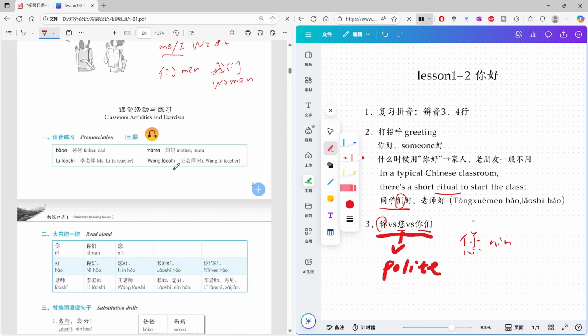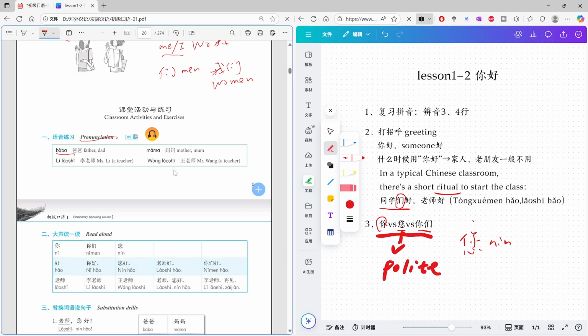那接下来我们继续练习一下 some words, some 语音 pronunciations. 爸爸 and mama, father and mother, please focus on the neutral tone. 爸爸 and mama, mama. 下一个, 李老师 and 王老师.